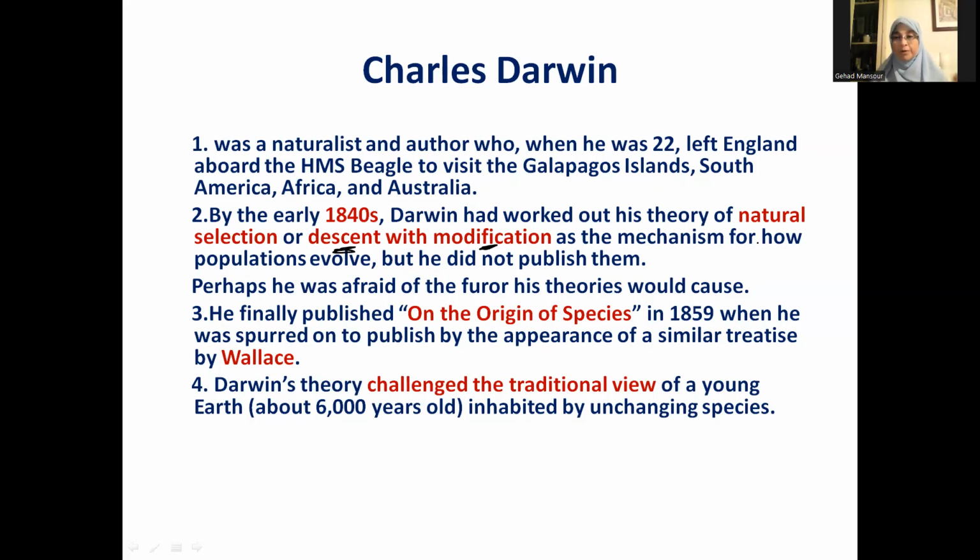And then he finally published the paper, under the name On the Origin of Species, in 1859. And of course, in his theory on the origin of species, Darwin challenged two ideas that were prevalent at the time: that Earth was young, only 6,000 years old, because some scientists believed in this, and that species were constant and unchanged, like the theory of scala natura.